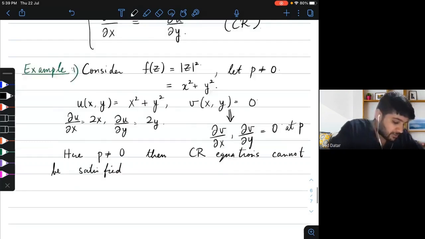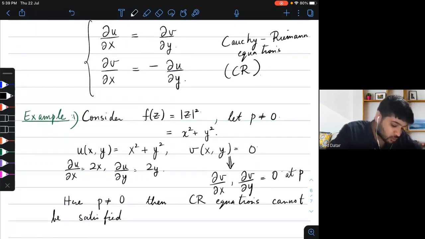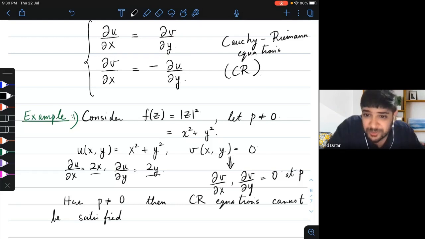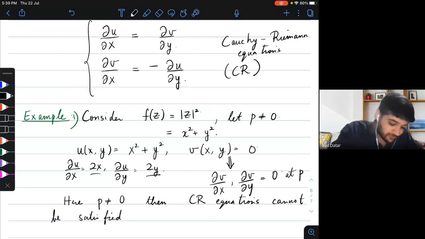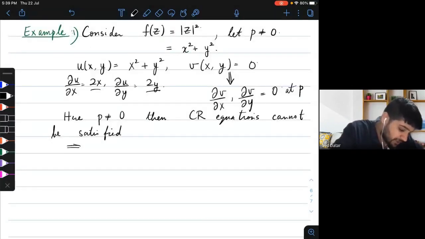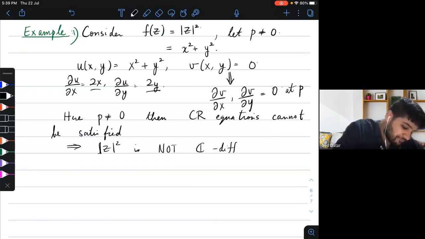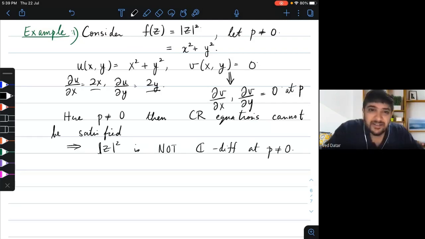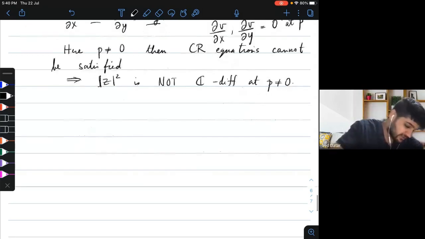And by the Cauchy-Riemann equations, these two have to be equal to 0. But if P is not equal to 0, at least one of them is not going to be equal to 0. So the Cauchy-Riemann equations cannot be satisfied, which means that mod z squared is not complex differentiable away from the origin. Just by our calculation, because if something is complex differentiable, you automatically have to satisfy the CR equations.